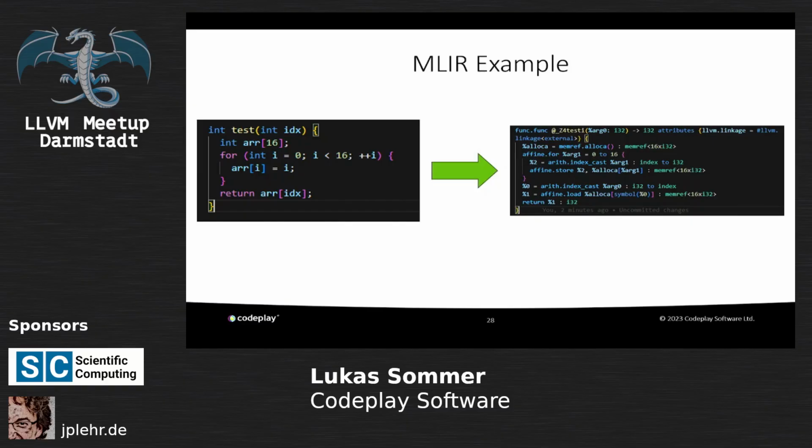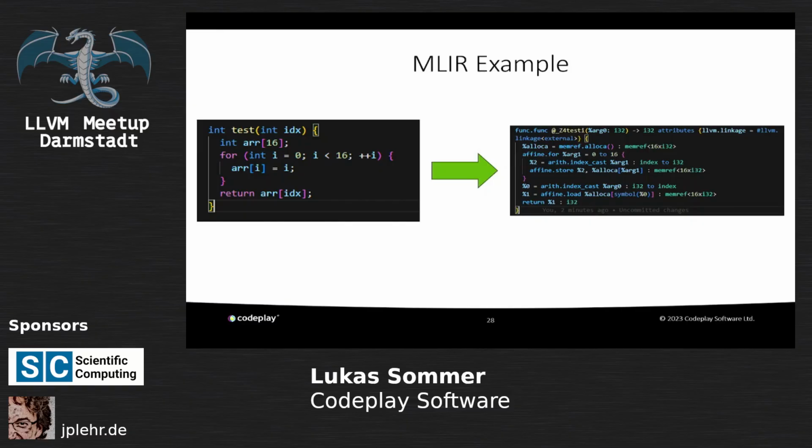And then from the affine dialect, we have a for loop where the argument will iterate from 0 to 16, exclusive of 16. An index cast is basically just casting an int to something that you can use to index memory. And then we have a store where we store the value into that alloc A. And this is the return.